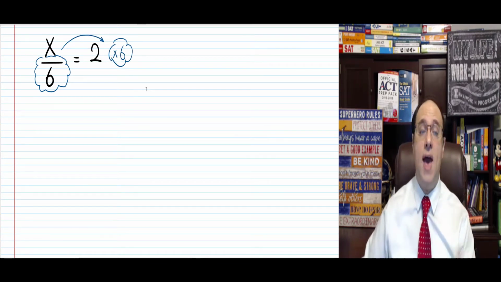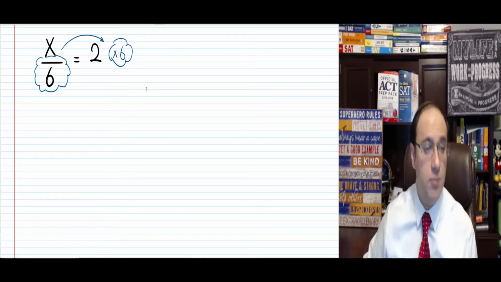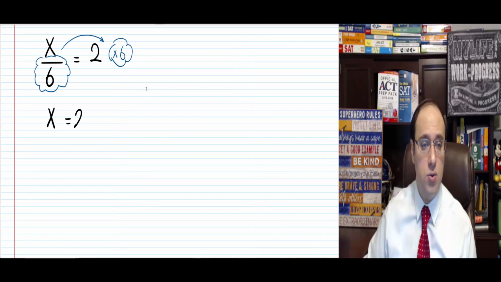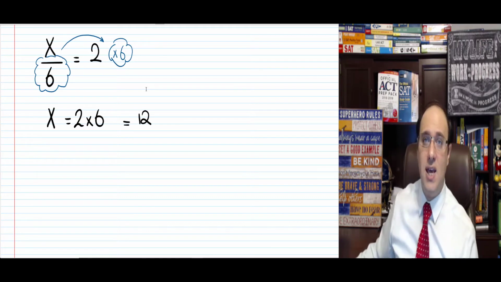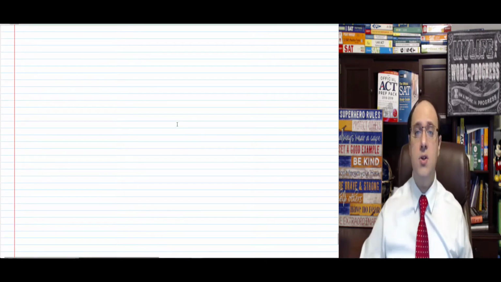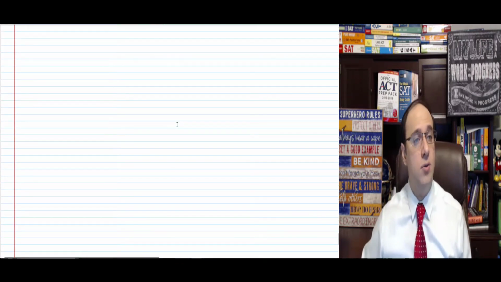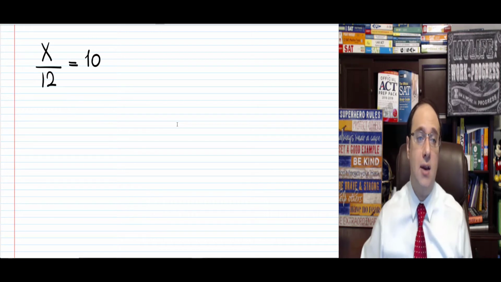So remember, x divided by 6 is the same as x over 6. x equals 2 times 6 equals 12. Easy? Super easy. Let's take another question. Here's another one. What if I told you that x over 12 equals 10?